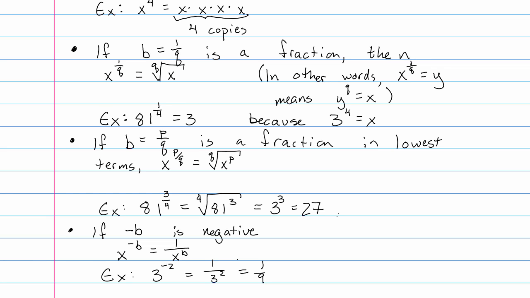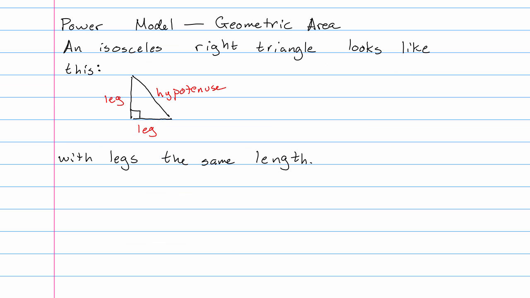So, what are some examples? Well, we might have, for example, geometric area. I'm going to go with a specific shape to talk about its area here. This shape is called an isosceles right triangle.